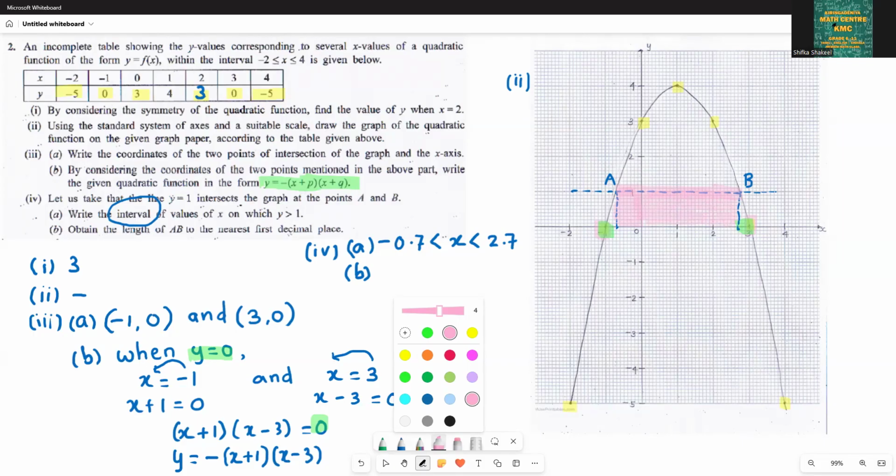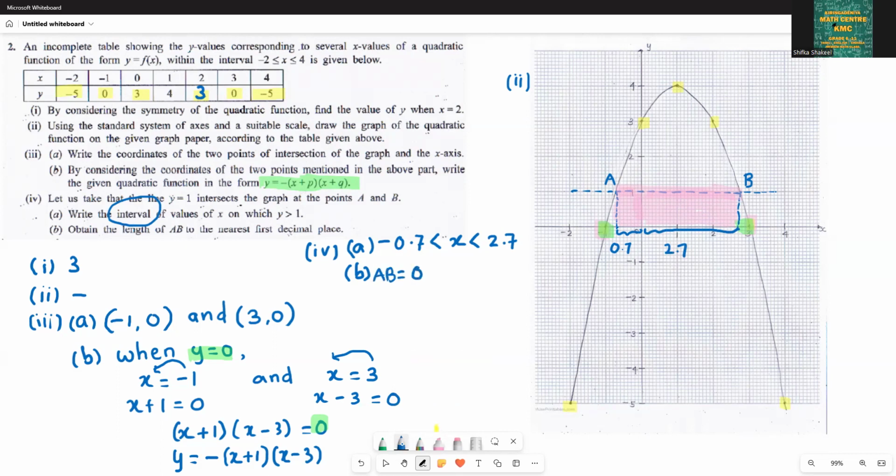So the total length, we have to add these two. The length of AB equals 0.7 plus 2.7, which is 3.4. The length of AB is 3.4 to the first decimal place. Okay, thank you.